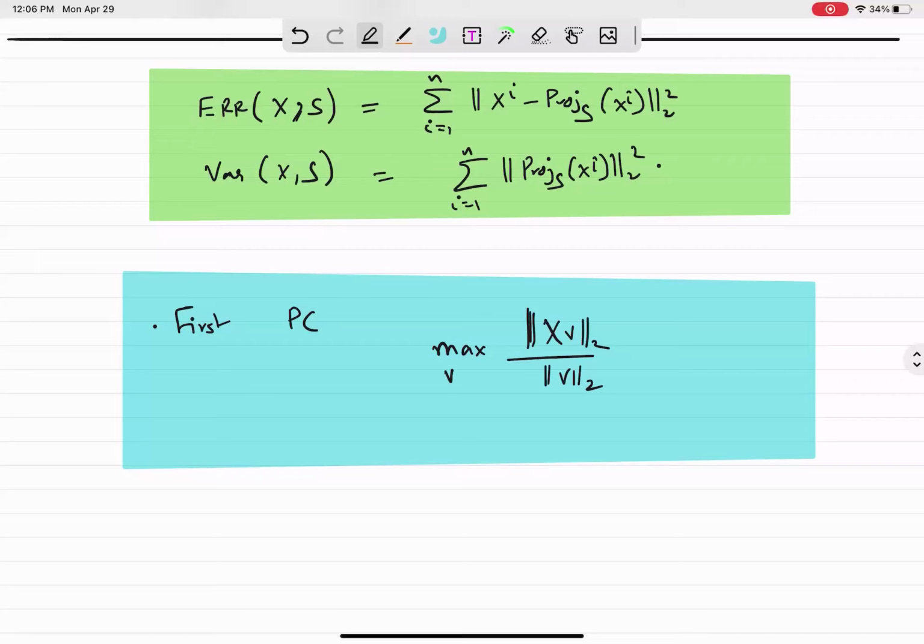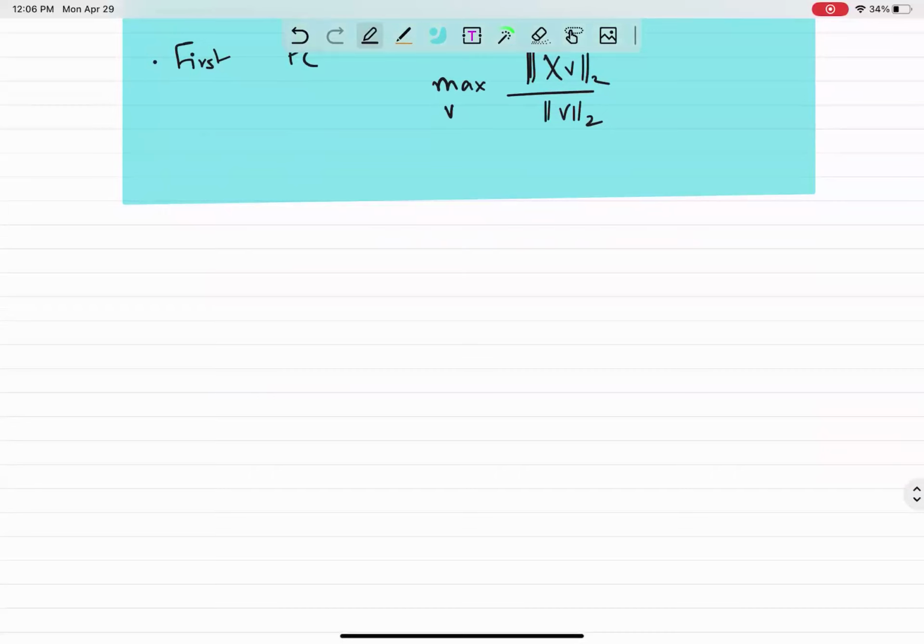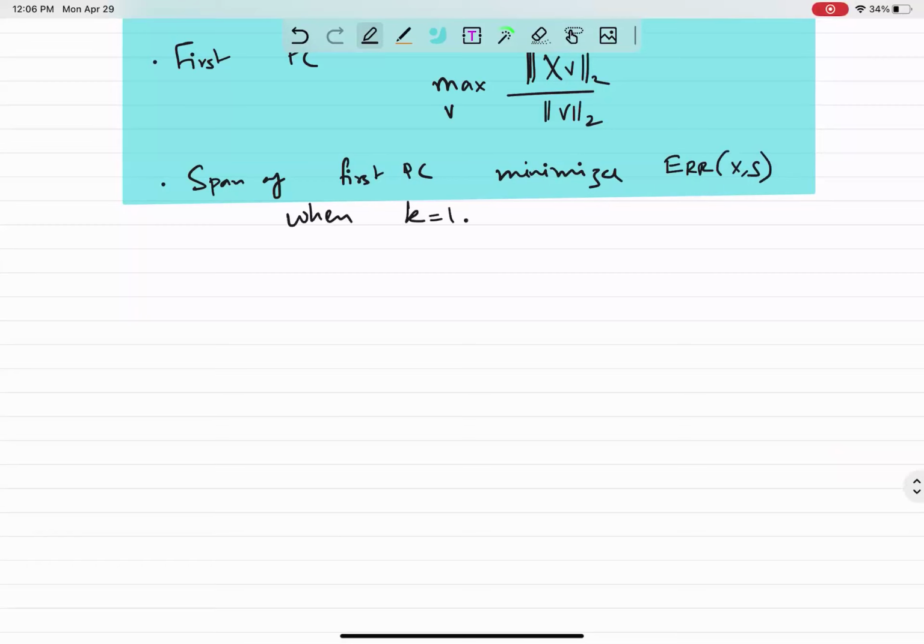Okay. All right. So we showed that the span of the first PC minimizes the error, so that will be the line which minimizes the error when you restrict to dimension 1.